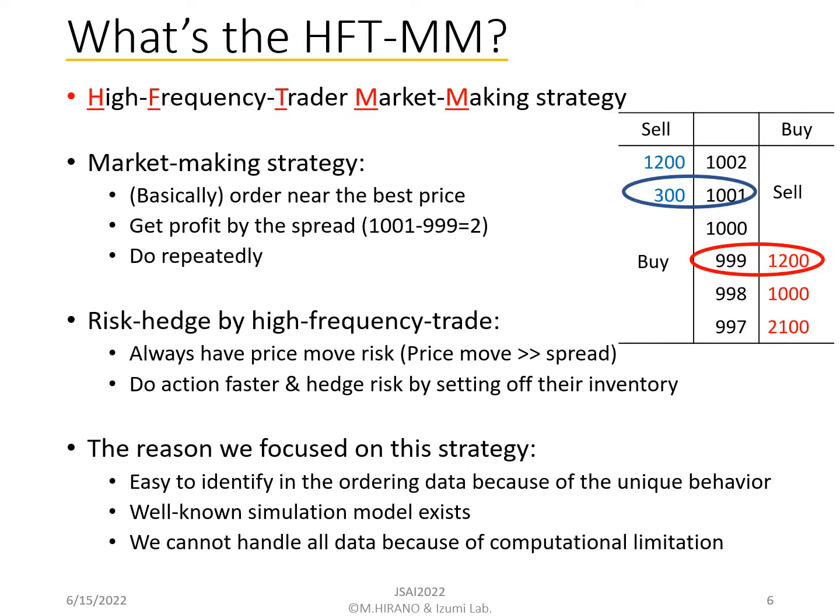As I said earlier, we only focus on HFTMM, the abbreviation of high frequency trade market making strategy. This is the combination of the market making strategy and high frequency trading. At first, the market making strategy places many orders near the best prices. In this example of an order book, they place many buy orders at 999 yen and many sell orders at 1001 yen, and get profit from the difference between those prices, called the spread.